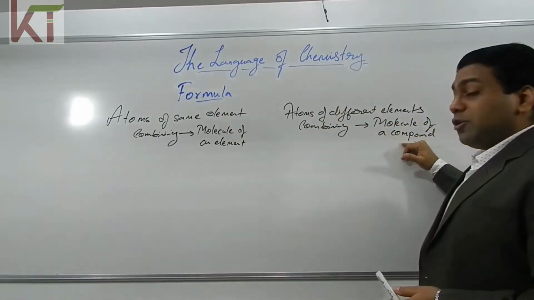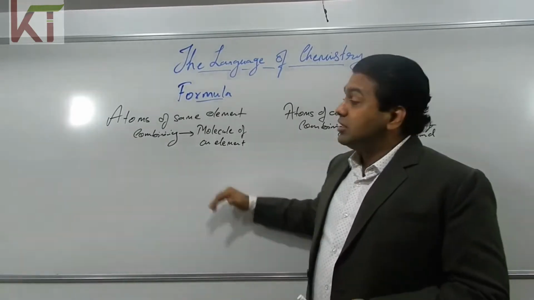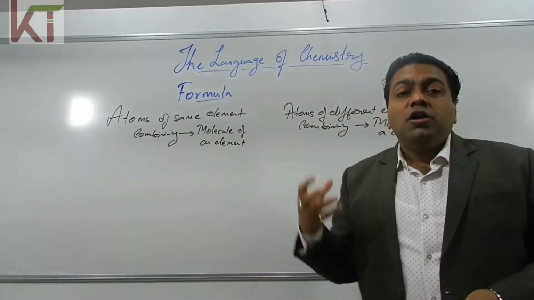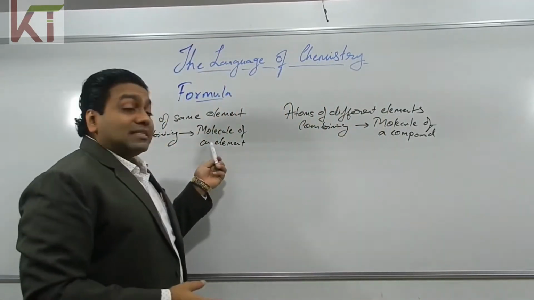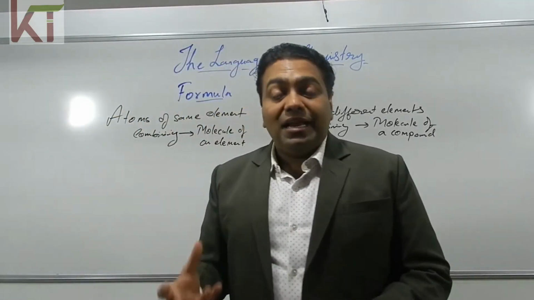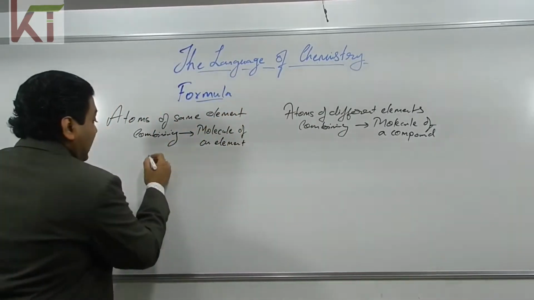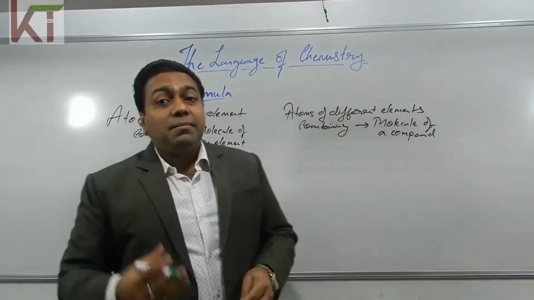Such a molecule of a compound, again when represented using the symbols, is called a formula. And since chemical elements are involved, we call it a chemical formula. We also call it a molecular formula because it gives you one molecule of the element or one molecule of the compound.